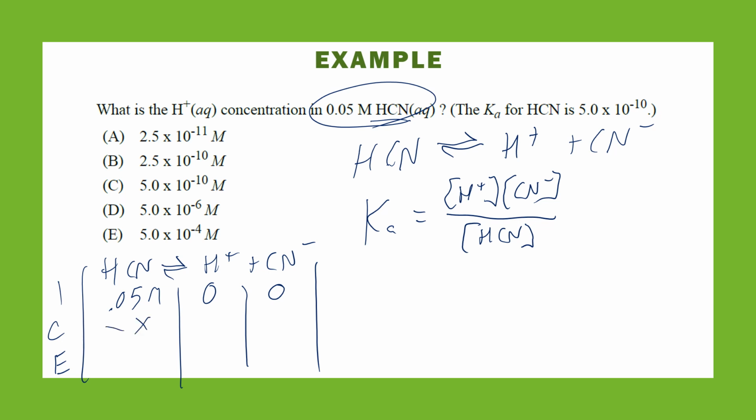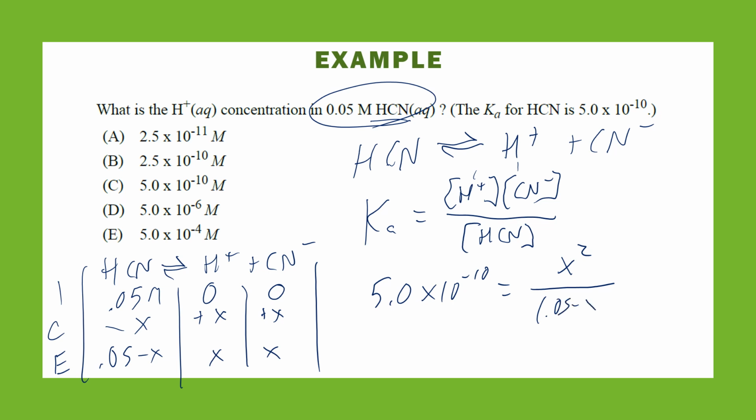So this will go down by x, and this will increase by x using the coefficients. So we have 0.05 minus x, x, and x. And the Ka, let's plug into the equilibrium expression. We have 5 times 10 to the negative 10 is equal to x squared, because they're both x on the top, over the 0.05 minus x.